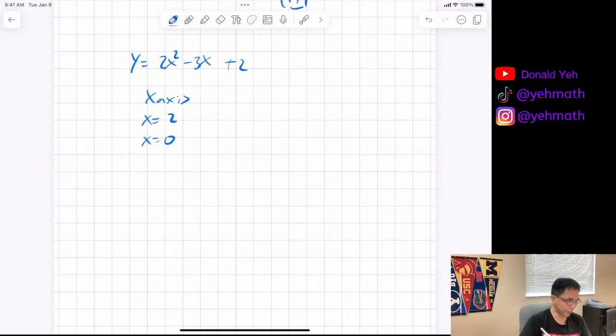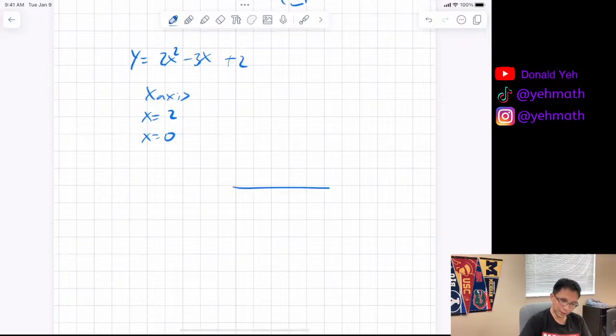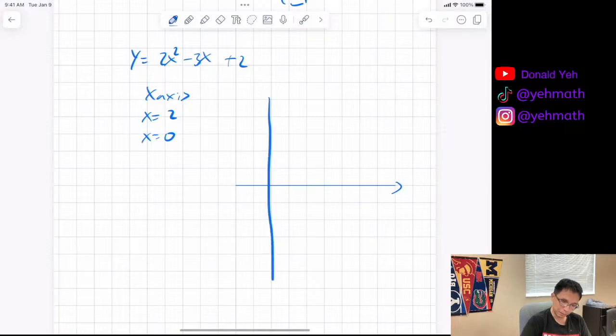I want to find the area of this bounded region. So the graph's going to look something like this. This is where the boundary is. So what are you supposed to do?